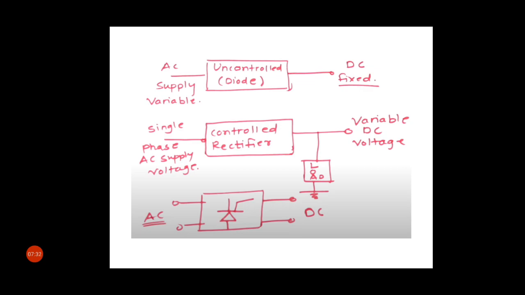So in this lecture, what we need to remember? First of all, if we want variable DC voltage from AC voltage, then you should go for a control rectifier.